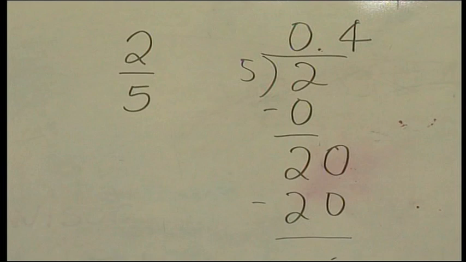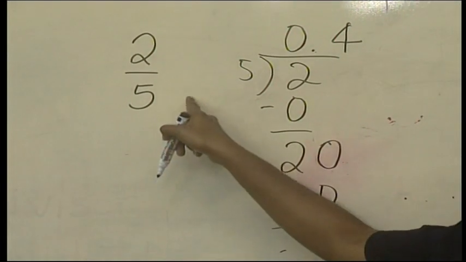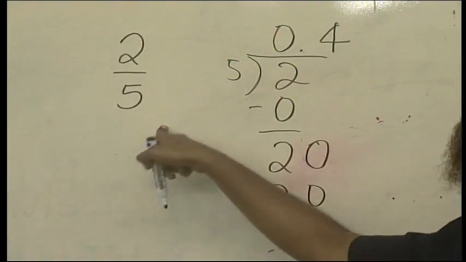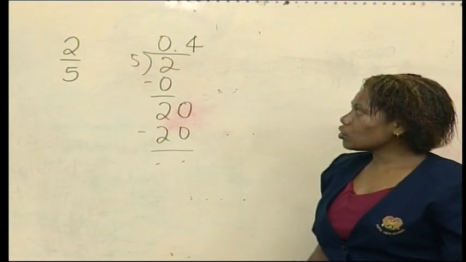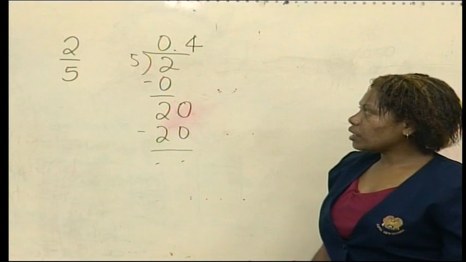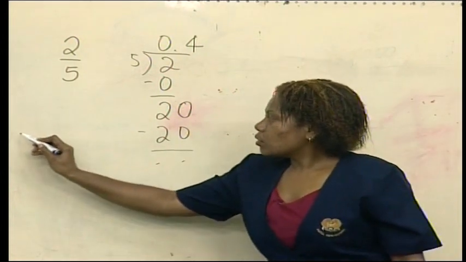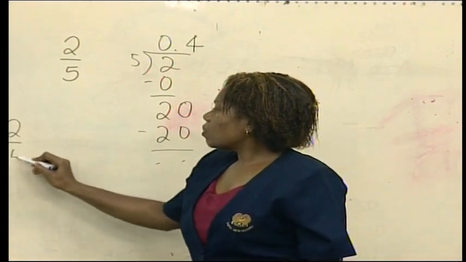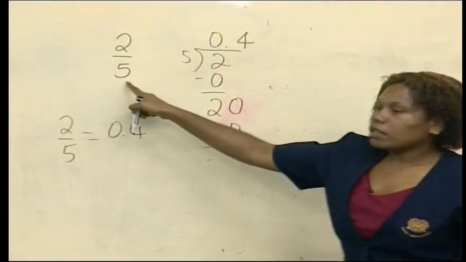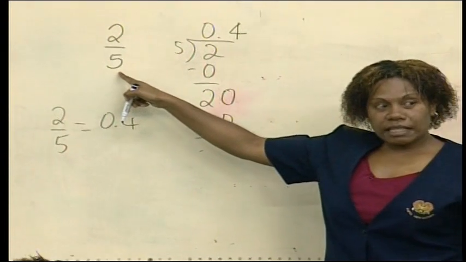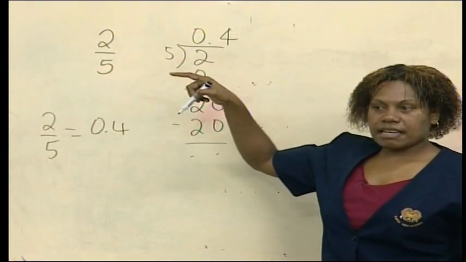That's one way we can change a fraction into a decimal. So 2/5 is equal to 0.4. The denominator becomes the divisor.